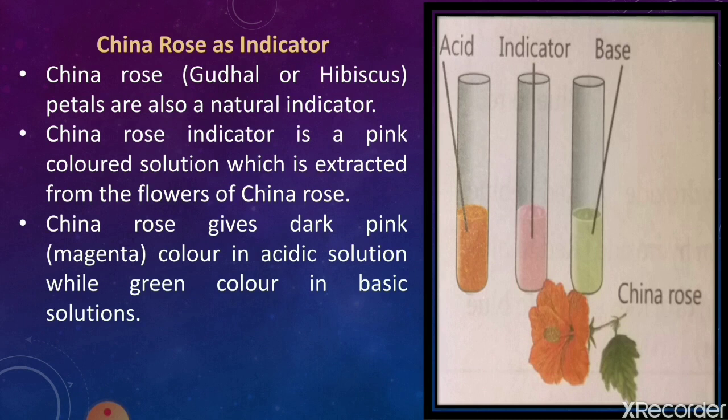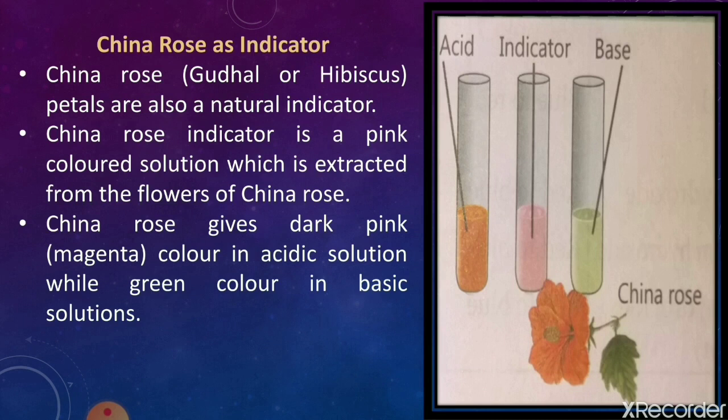Now at your home you again have lemon juice. Lemon juice is acidic, and detergent solution is basic. Now you have both acidic and basic solutions, and you have your China rose indicator also. So you can find out which color the China rose indicator will give with acid and which color it will give with base.